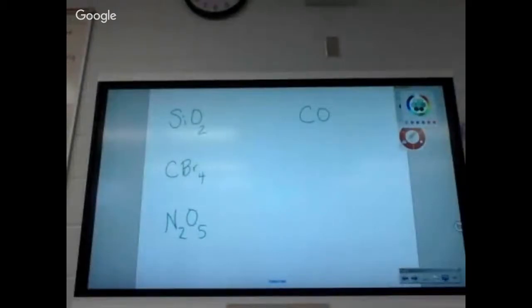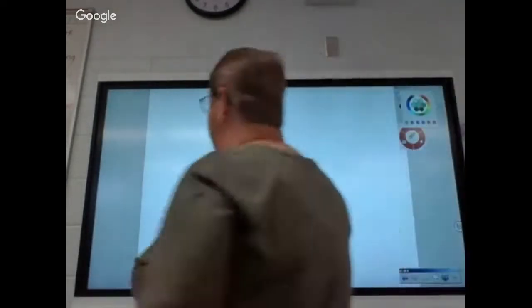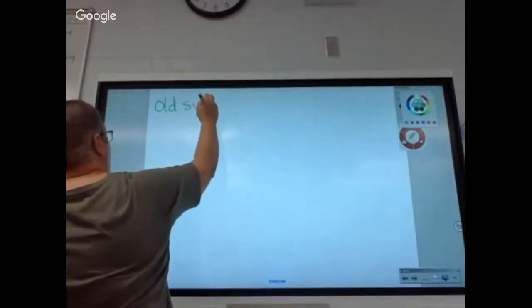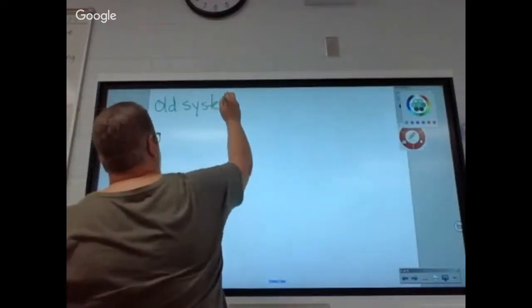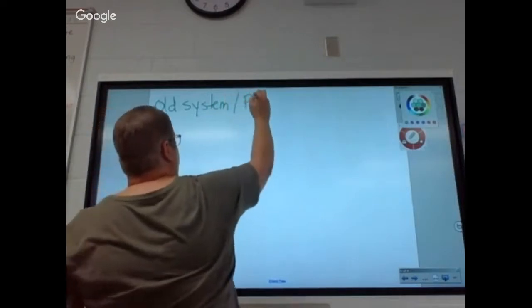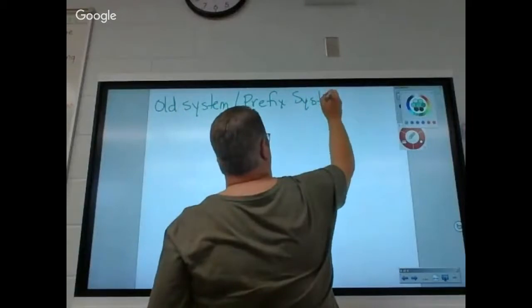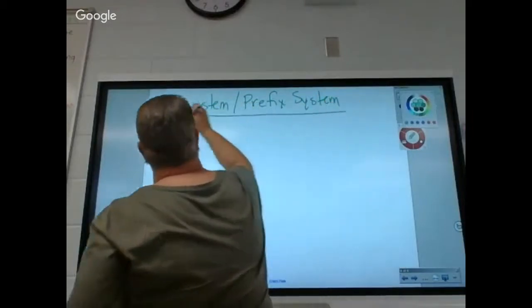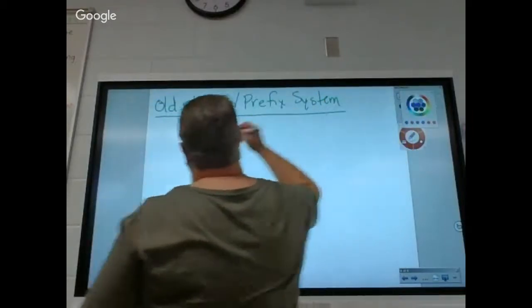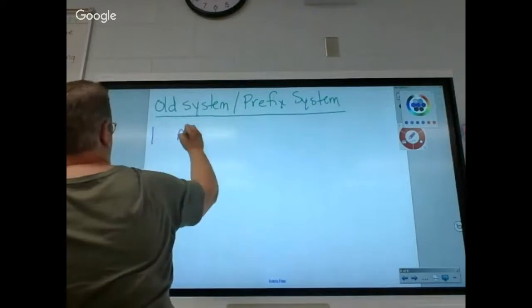All right, let's talk old system. Most people think old system is really easy to use, and that's why they like to use it. Old system is often called the prefix system. Step number 1: name the first element.